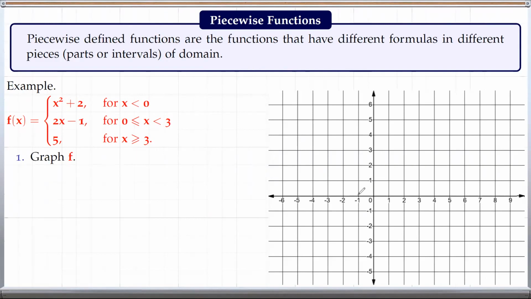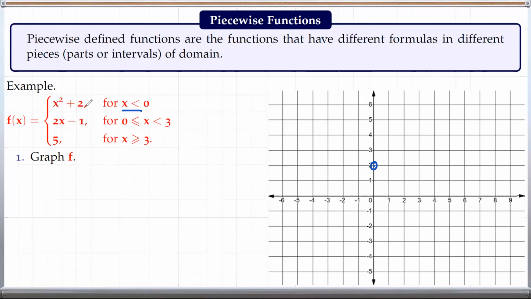The first piece, for x less than 0, to the left of 0, we need to graph a parabola because y equals x squared plus 2 is a parabola. When x is 0, y will be 2 over here, but we don't include this point at 0 because it says strictly less than 0. We have a hole here. Let's figure out one more point.